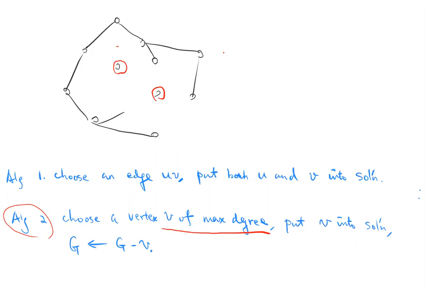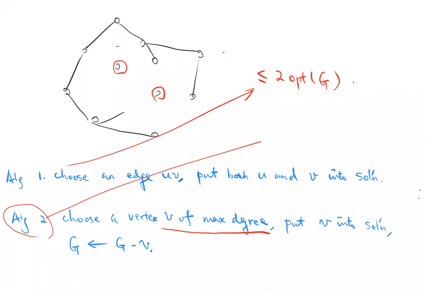Algorithm 1 guarantees that the solution will be no worse than twice the optimal solution. But algorithm 2 can only guarantee log n times OPT(G). Actually, it's worse. In the worst case, algorithm 1 is better than algorithm 2, while in practice algorithm 2 is much better.